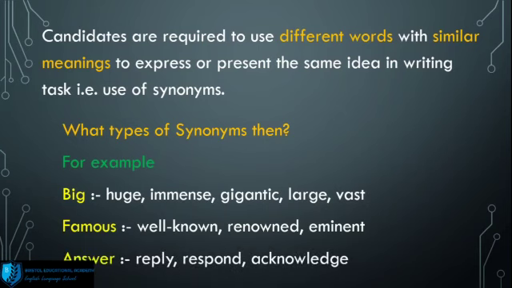And if there is a word like answer in the question prompt, we can use reply, respond and acknowledge. I have attached the list of vocabulary which will be useful for you in the description box, which you can download, and if possible, try to memorize as many words as you can out of this. You need not memorize difficult words.